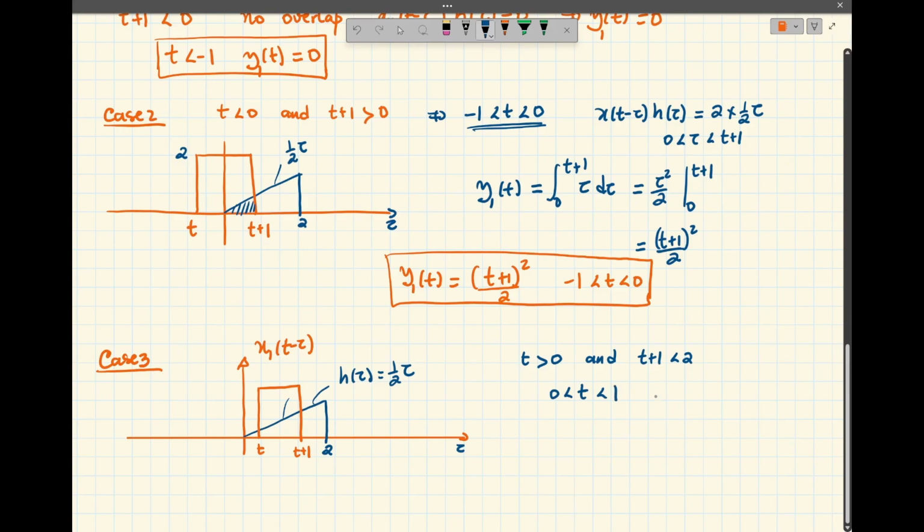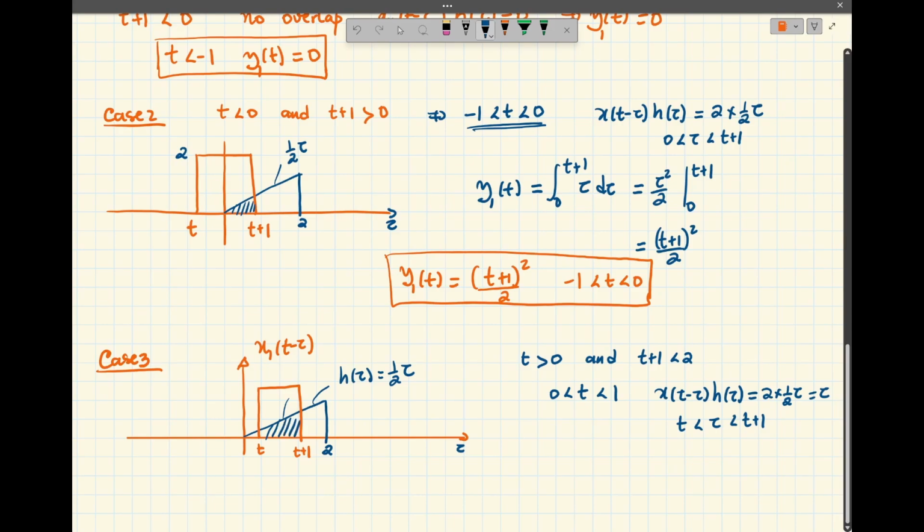And x of t minus tau, h of tau gives me 2 times 1/2 tau, which is just tau, and tau is between t and t plus 1. That's why we have the overlap.